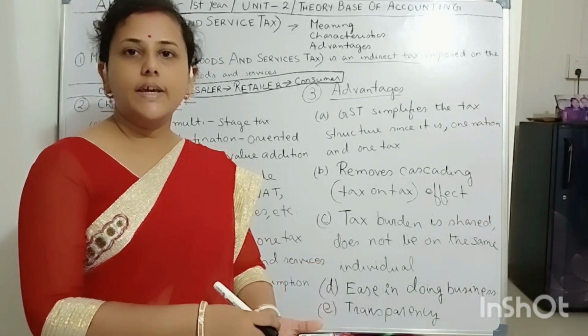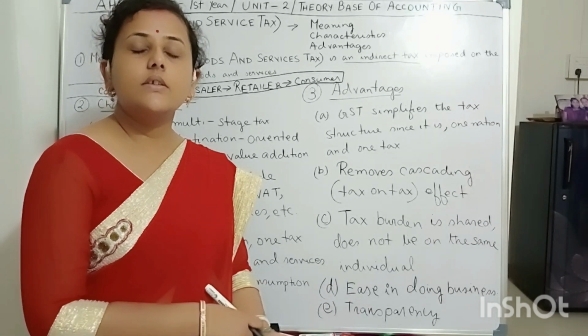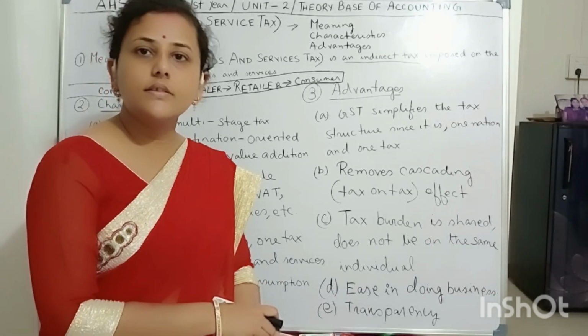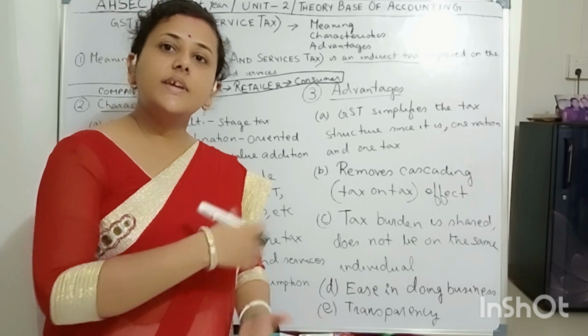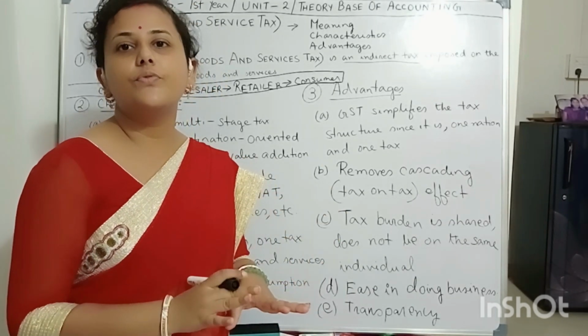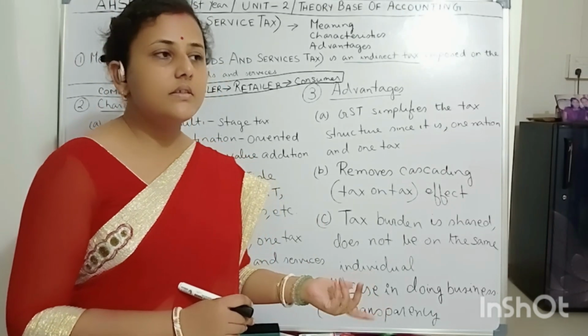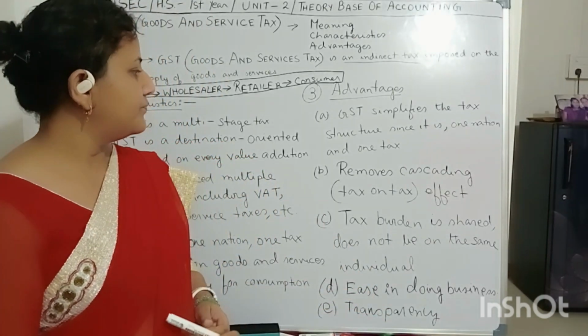Whatever the persons are paying, on that tax, again another tax is paid. So that is tax on tax, cascading effect. That effect is removed by the introduction of GST, and only one tax, that is GST, is paid.